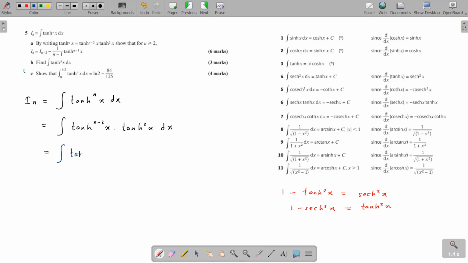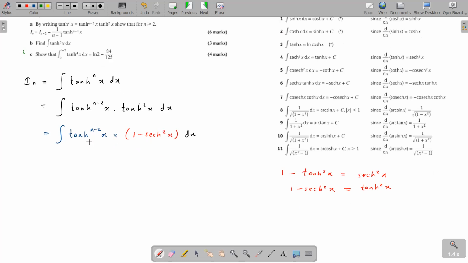So the integration of tan to the power n minus 2 x, tan square x, is replaced with sec square x minus 1. Do you see my replacement? How I replace tan square x? I replace it as sec square x minus 1. So now let's open the bracket: tan to the power n minus 2 into, let's open it.